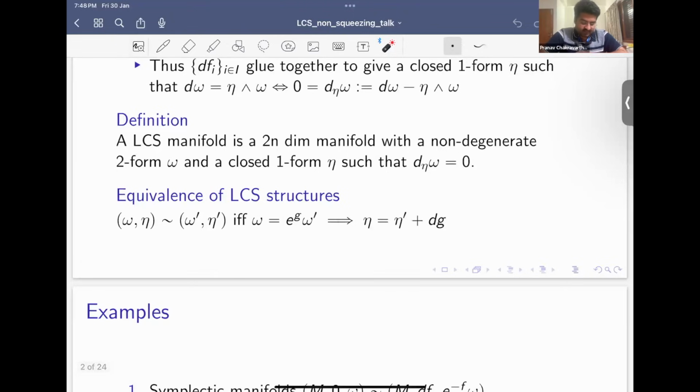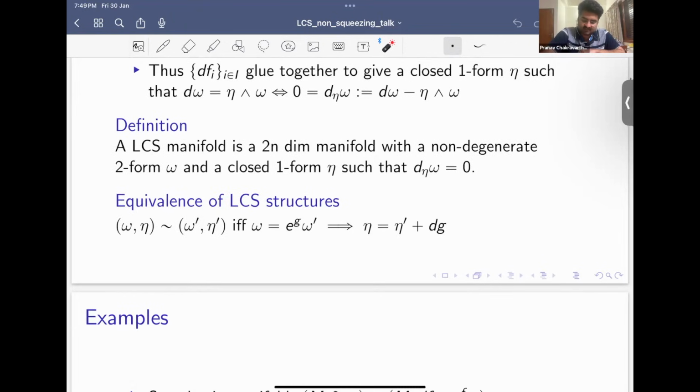Two conformal symplectic structures are said to be equivalent if and only if there exists a function g such that omega is e to g times omega prime. Maybe I forgot to mention something here.